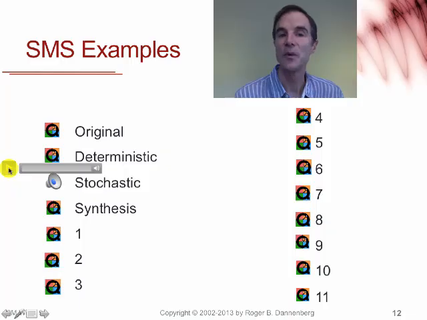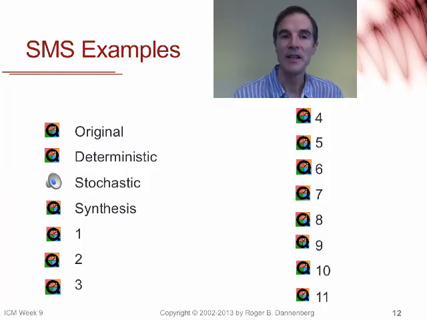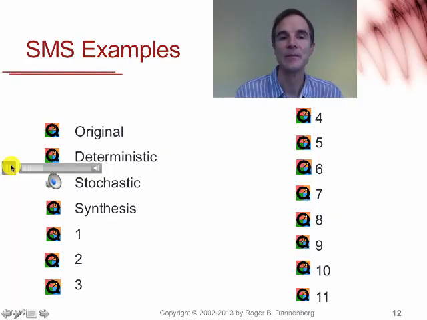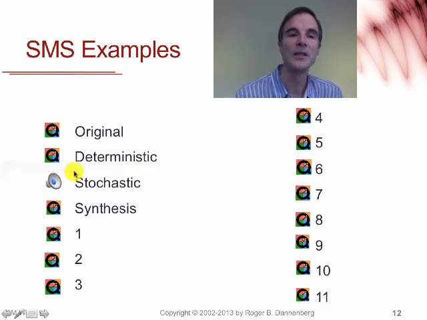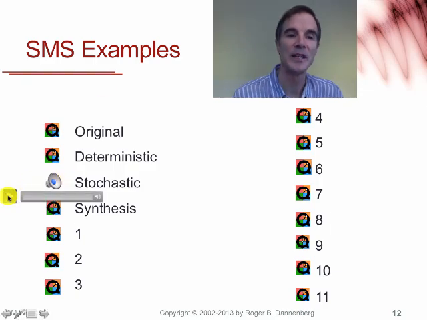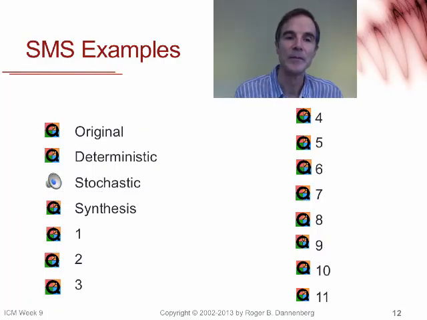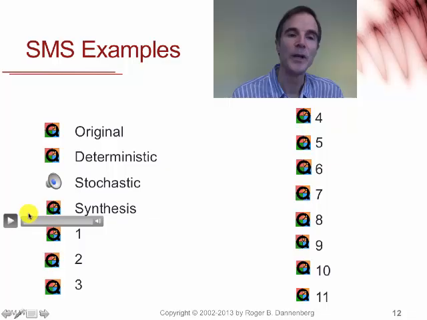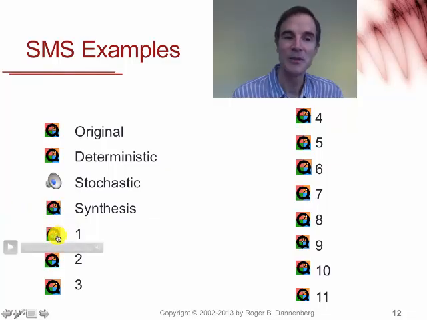We can resynthesize only the deterministic part of that signal. The noise and the sliding are gone, but the tone is there. This is the noise part. And we can resynthesize everything, but it's so close to the original.